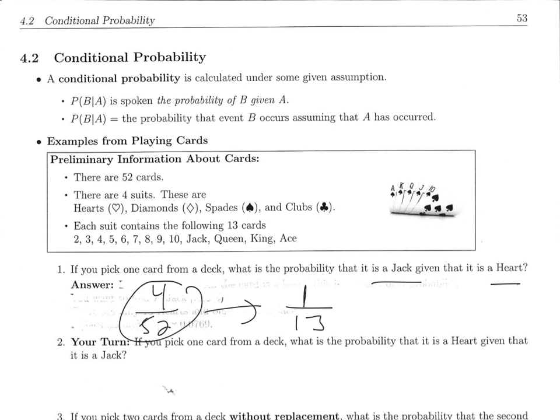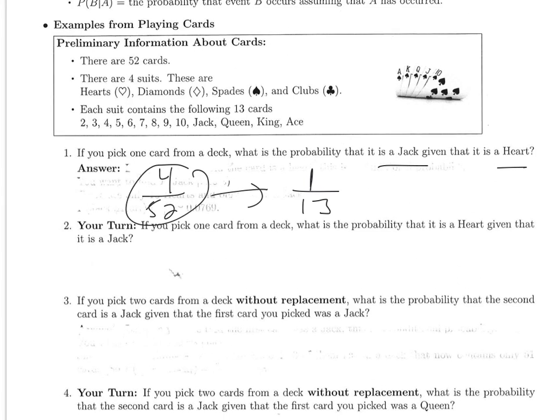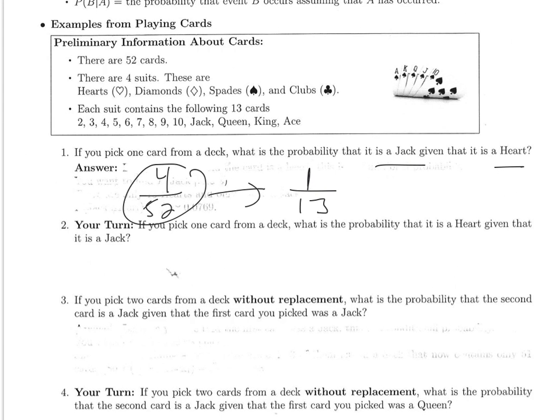If we look at question number 2 here, here's the situation. If you pick a card from a deck, what's the probability that it is a heart given that it's a jack? Well, there's only 4 jacks and there's 4 suits, so only one card in each suit is going to be a jack, so 1 out of 4.